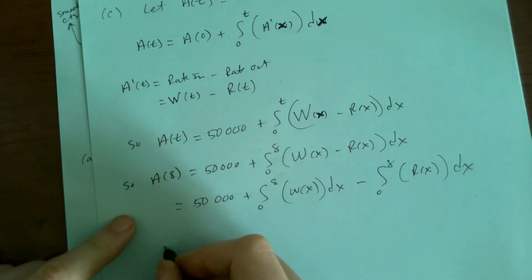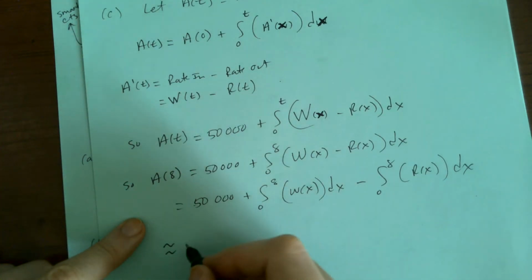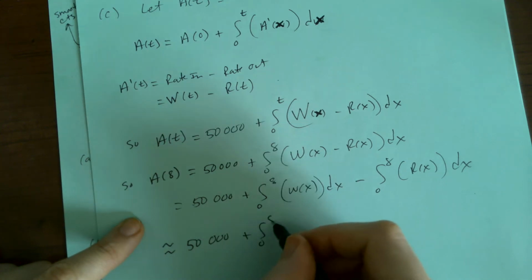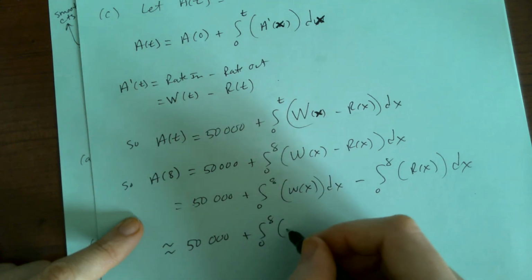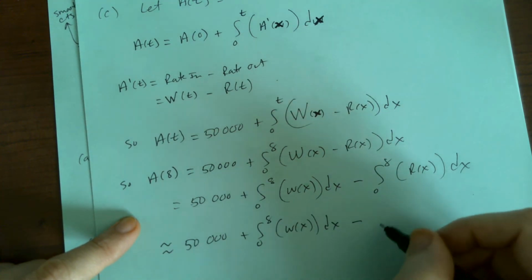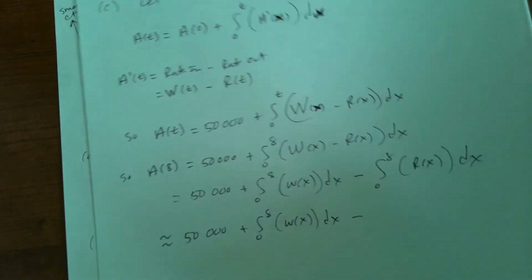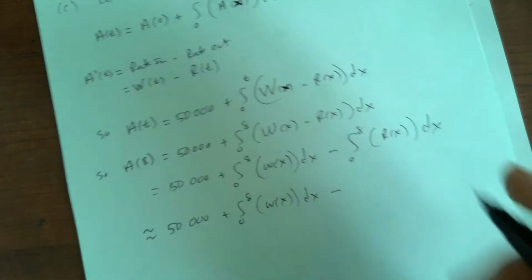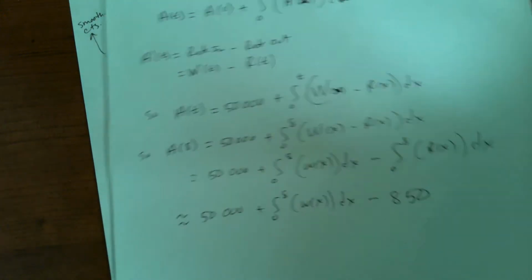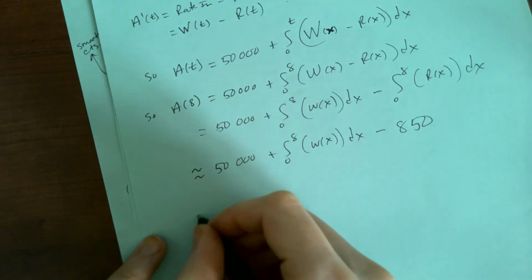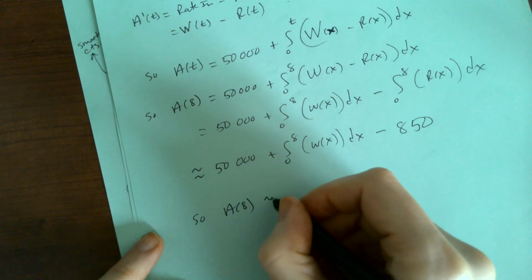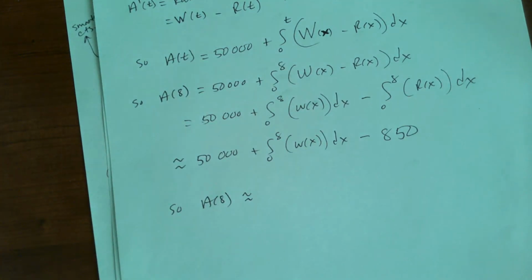All right, now this is approximately 50,000 plus the integral from 0 to 8 of W of X, we'll use math 9 for that, minus, now we already found that estimate, 8,050. All right, so A of 8. In a second, I'll write that.